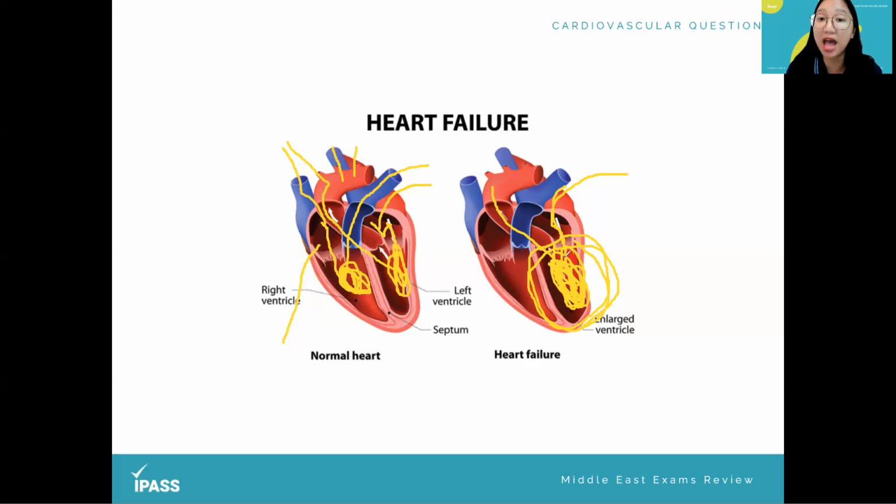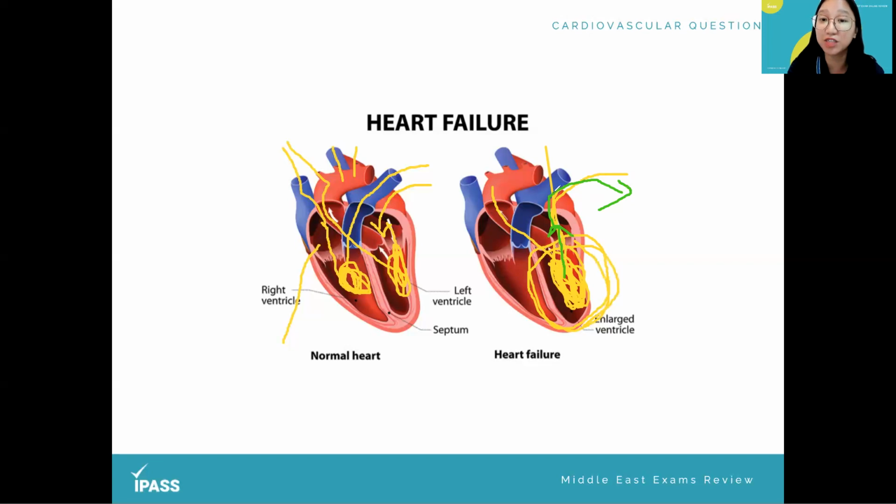Congestion leads to backflow. So the blood from the left ventricle goes up to the left atrium. From the left atrium, it will also be congested, going back to the lungs.